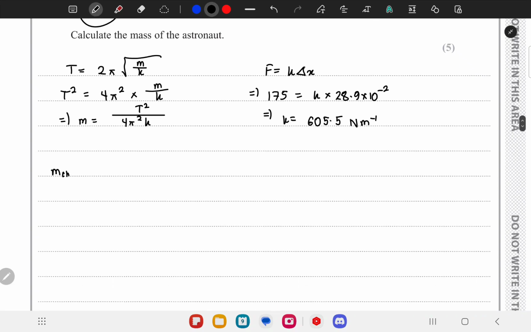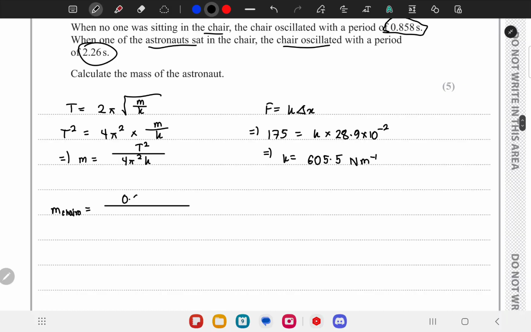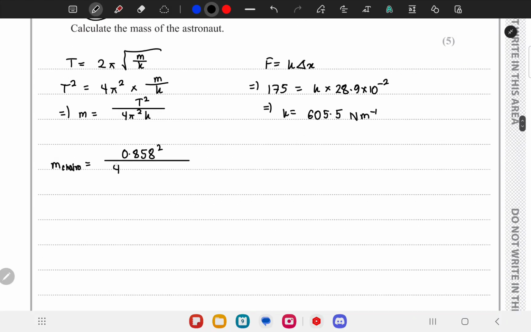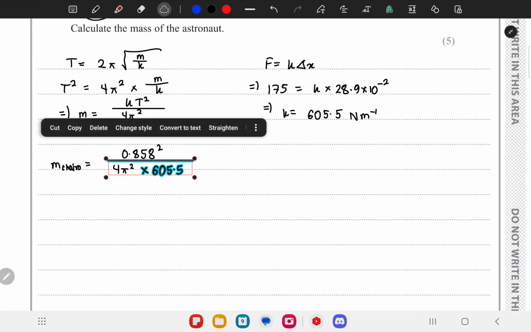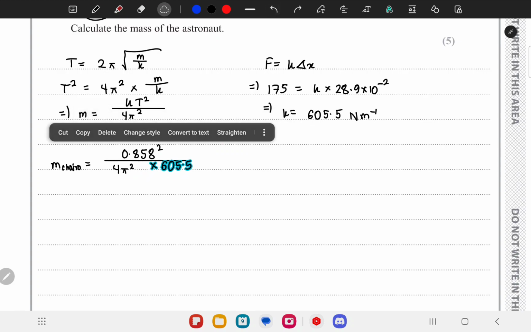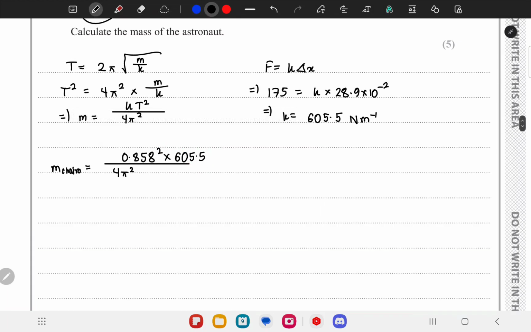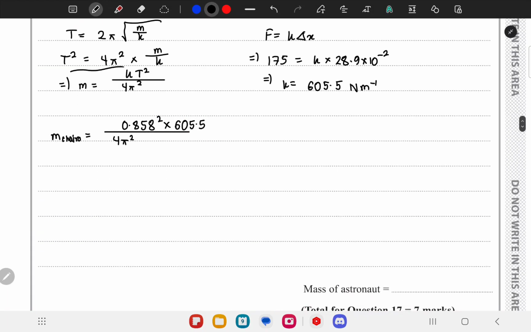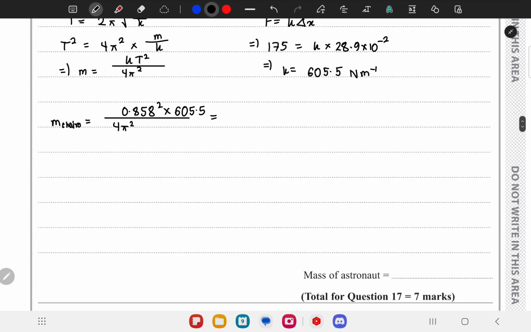So the mass of the chair would be k times the time period before the astronaut sat on it, 0.858 seconds squared, divided by 4π².